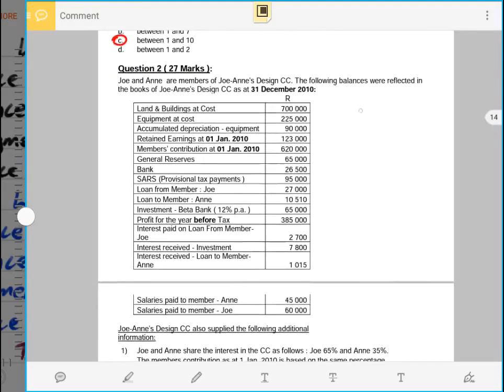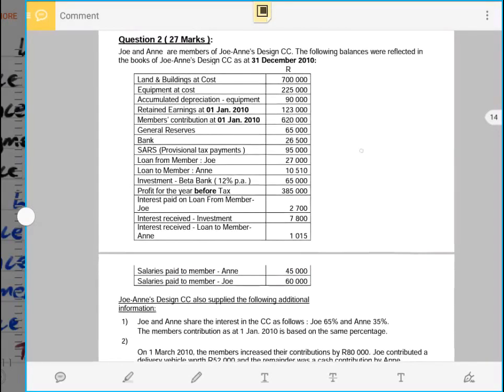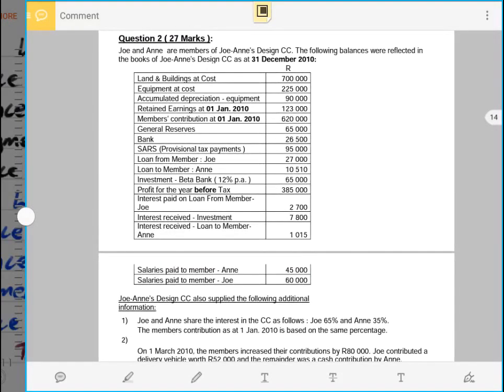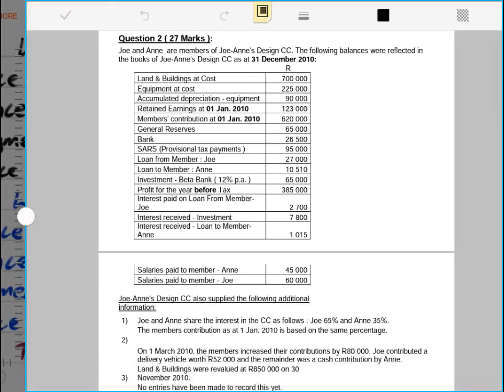Question 2 is out of 27 marks in this class test and is the very important question. Joe and Anne are members of the close corporation, which is Joe's Design CC. The following balances were reflected on the books of Joe and Anne's Design CC on the 31st of December in the year 2010.